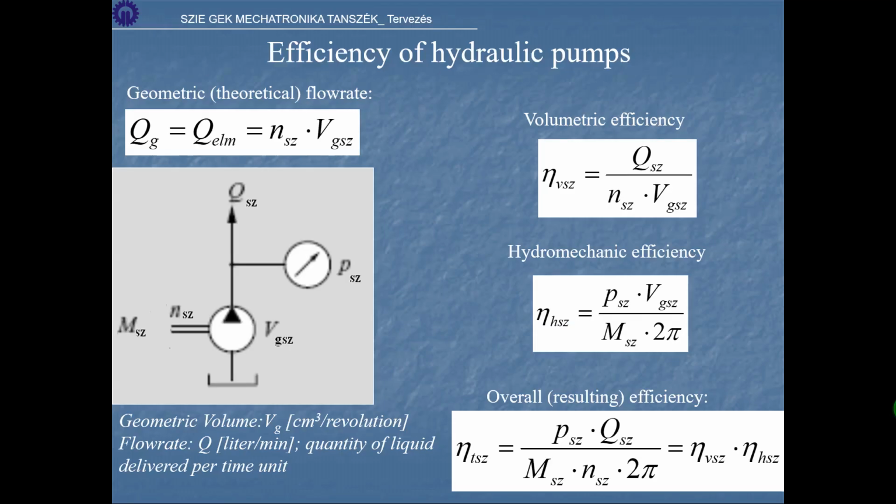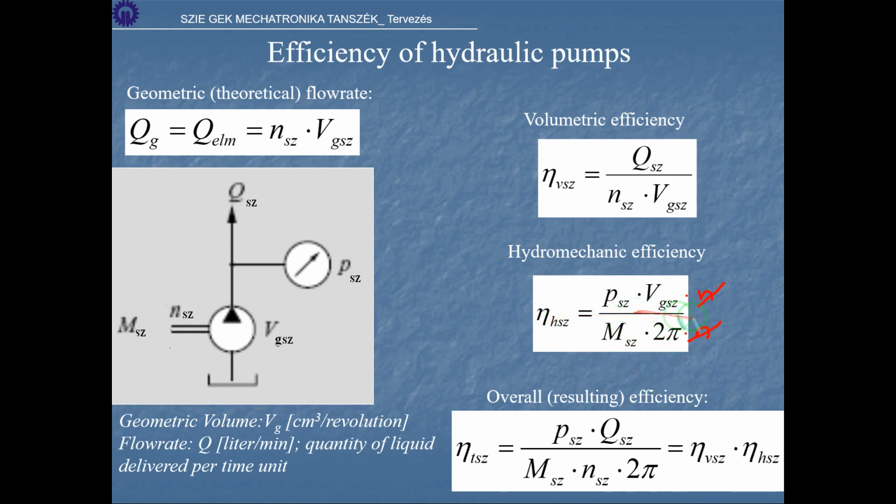In hydraulics, on the other hand, we can calculate the power with the equation P times Q, and because Q is n times Vg, I can write n and n here, and I will simplify the equation like this. These are not power, so not watts, but energy, so joules.